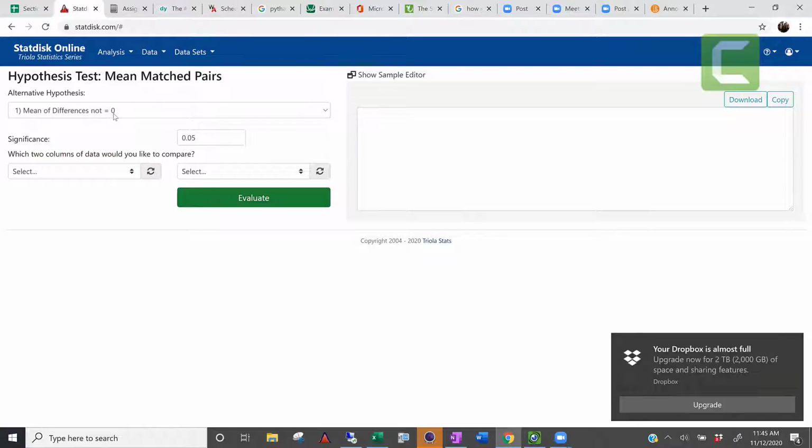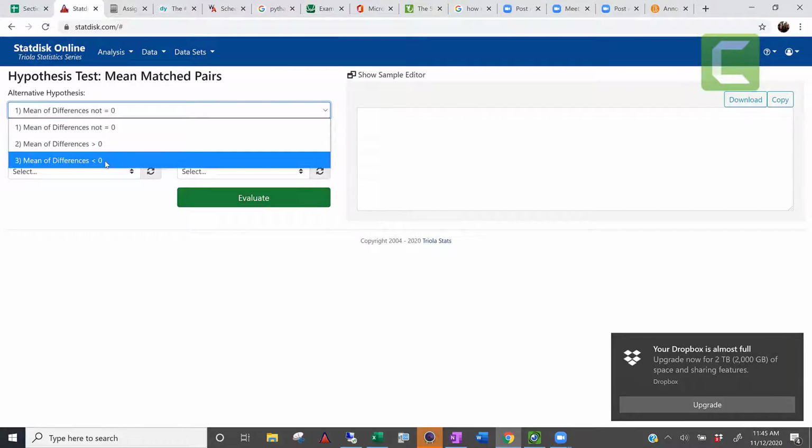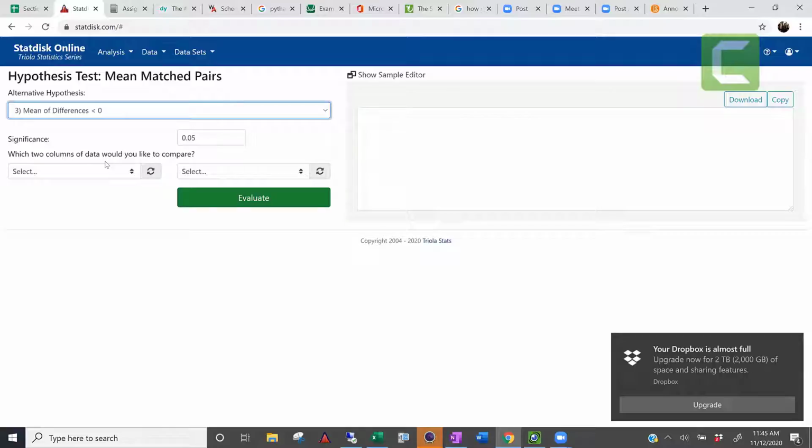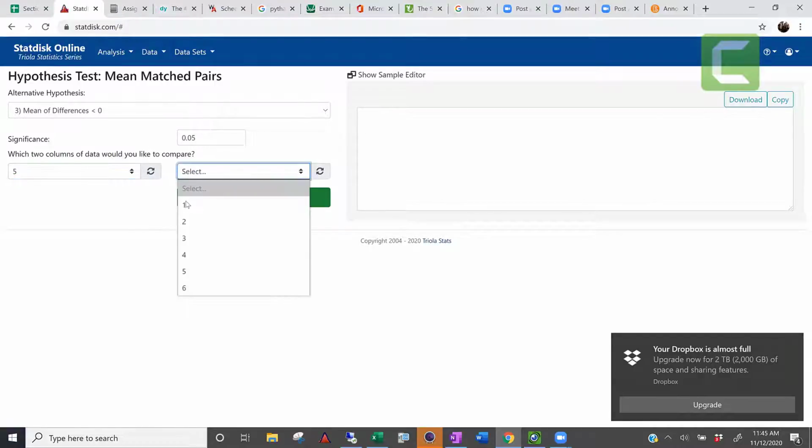The first thing we want to set up is the alternative hypothesis. I've got 3 possibilities here, 1, 2, and 3: not equal to 0, greater than 0, less than 0. Which one do I want? Yeah, 3. We want the mean difference is less than 0. We're going to do it at the 5% significance level, so I don't need to change that. My columns are in 5 and 6.